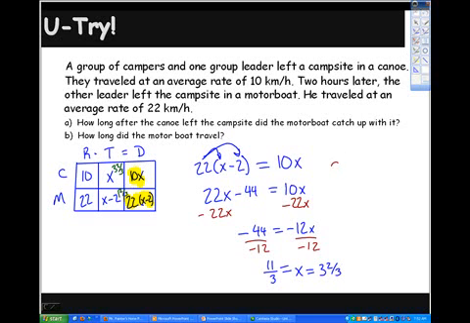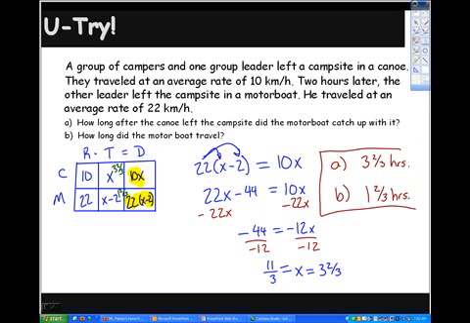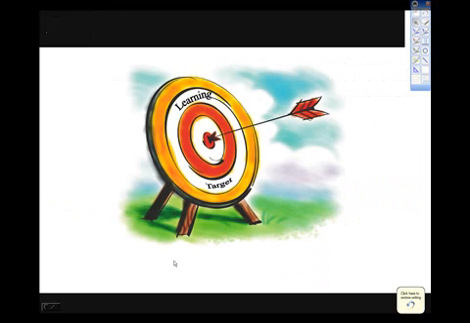For A, we found 3 and 2/3 hours. And for B, we got 1 and 2/3 hours. How long did it take A, the canoe, and B, the motorboat, to travel that distance? There you go. Go ahead and pause here if you need to study that. Otherwise, that's our learning target for today, and I'll see you in class.